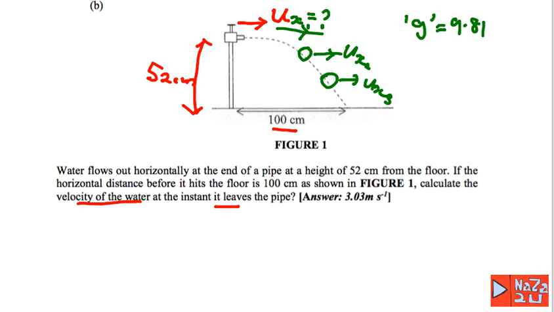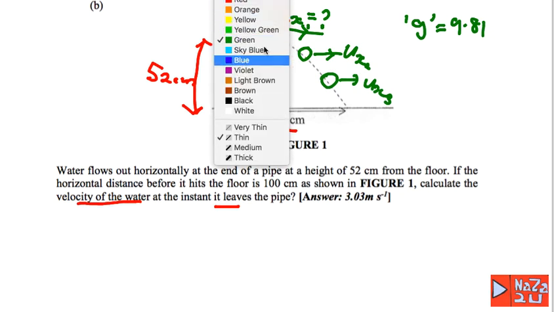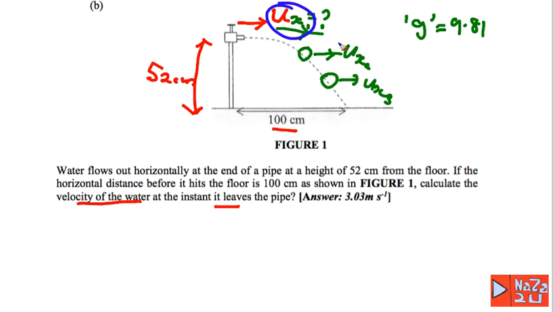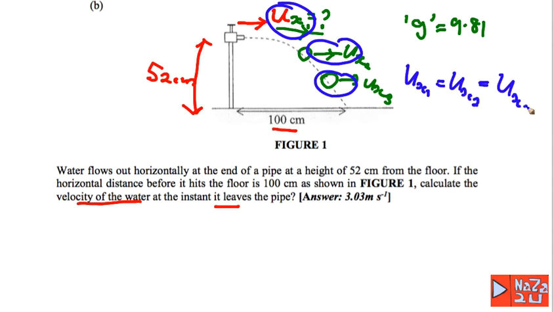The value of ux is always constant, right? Meaning ux1 is equal to ux2 and ux3. So now you can use the horizontal distance of 100 centimeters.